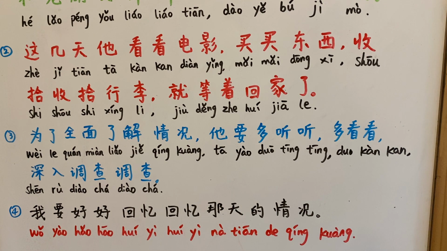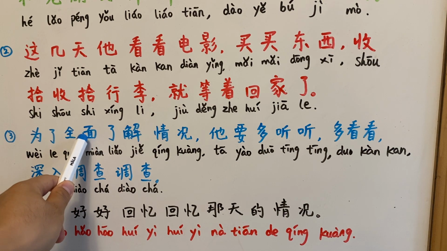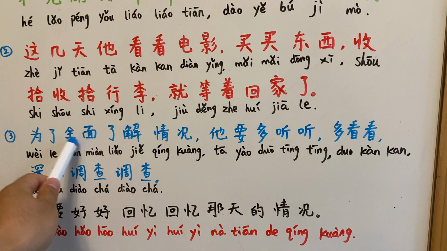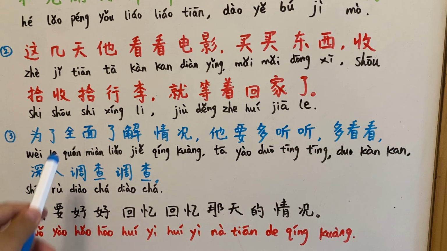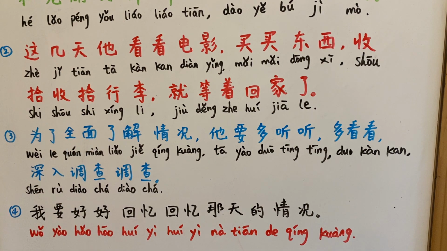情况, the situation, to understand the situation generally, right? So 全面, 全 means overall, 面 means faces or different dimensions, right? All faces. Literally, it means all faces, generally.